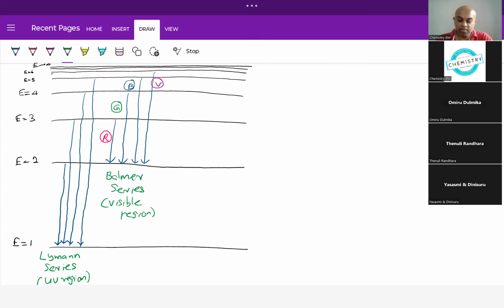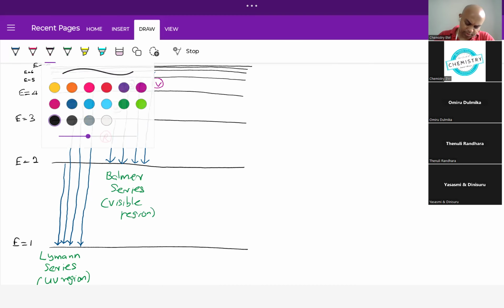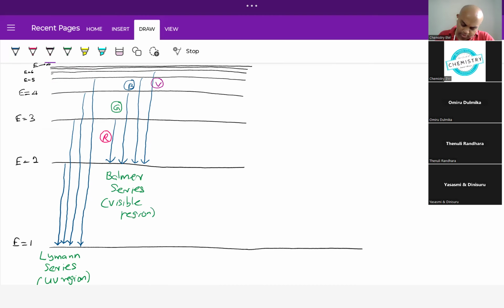Balmer series, right? So there can be situations where the electrons are moving into the third energy level. Third energy level. So let me draw this one. Let me expand this one further. It's like this.